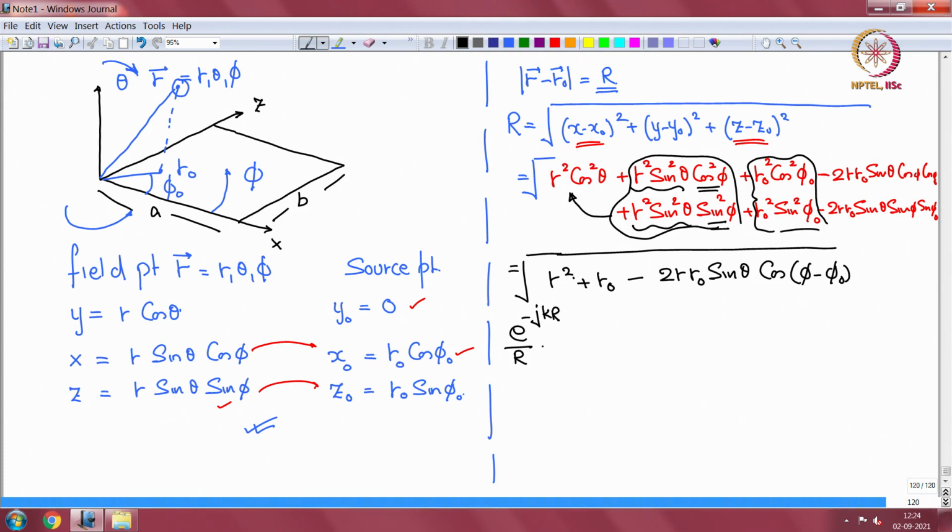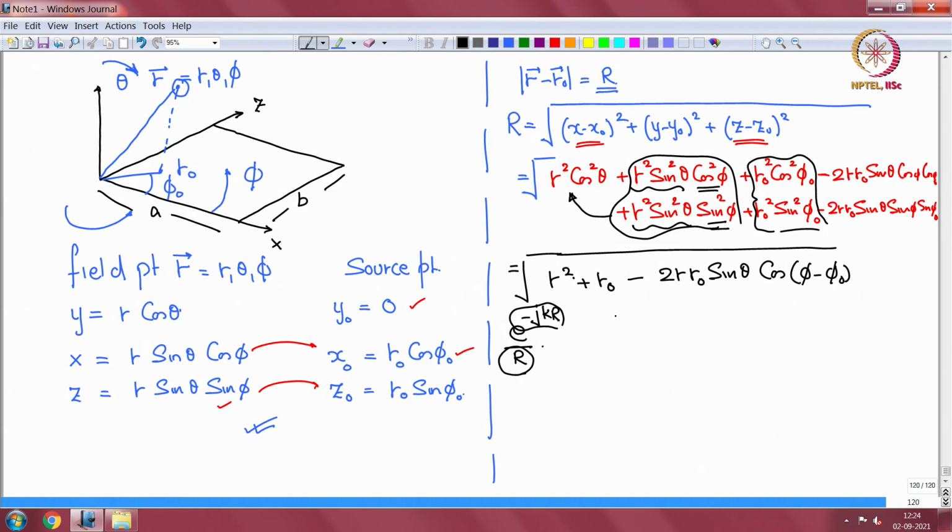Okay, now this is going to be integrated over x and z. So the x and z will be part of the numerator here and part of the denominator here. And that integral is not amenable to closed form solution.